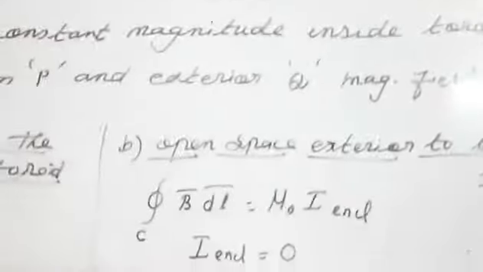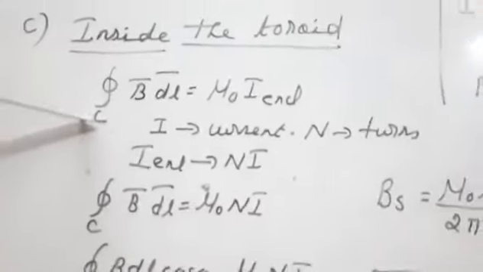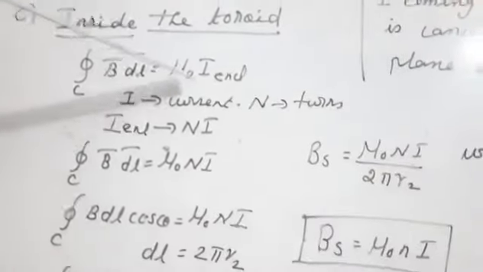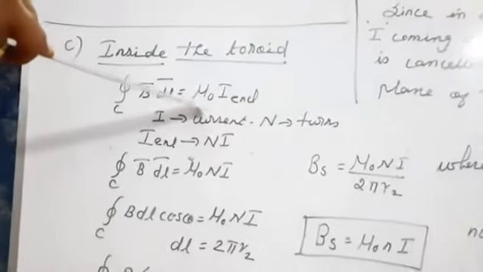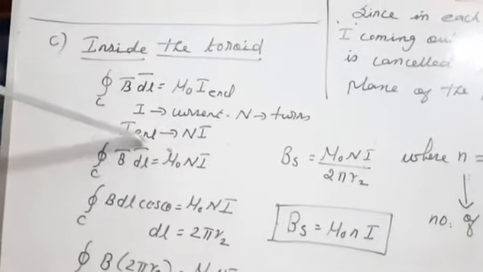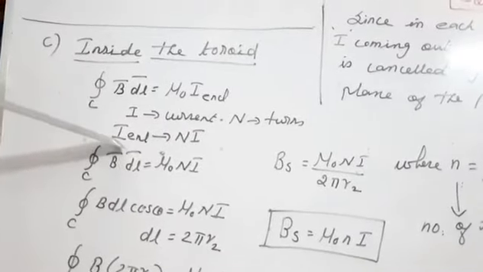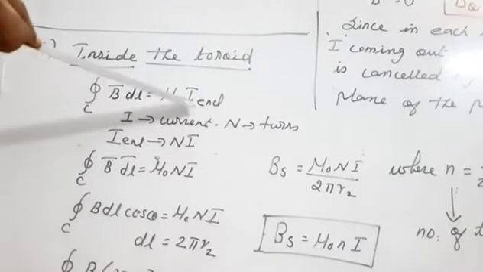And the third case we will discuss is inside the toroid. Inside the toroid, at distance r2, we can take the loop. In this loop, I is the current passing through the loop and N is the number of turns present in the loop. According to Ampere's circuital law, the closed integral of B vector dot dl vector equals mu naught I enclosed.